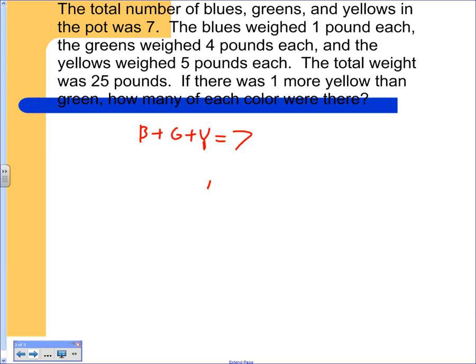Do you agree? If there was one more yellow than green, how many of each color were there? Do you agree? B plus G plus Y equals 7? Okay. What would be another equation? Go write it.